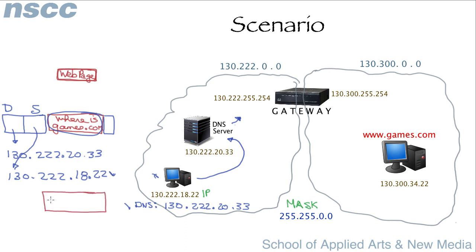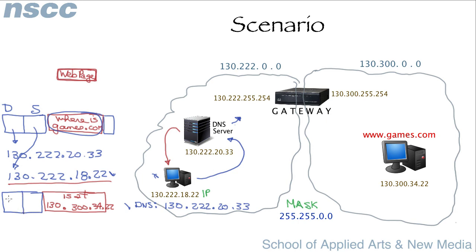And it says games.com is at 130.300.34.22. To send that packet back to the client, it has to know its address, but it captured that in the last packet that was sent.